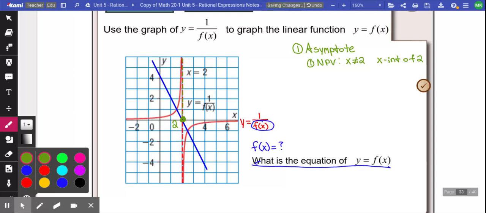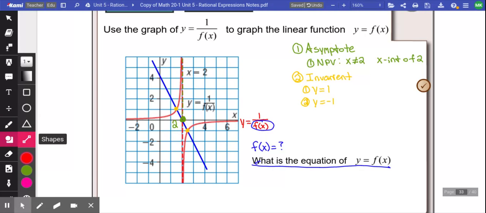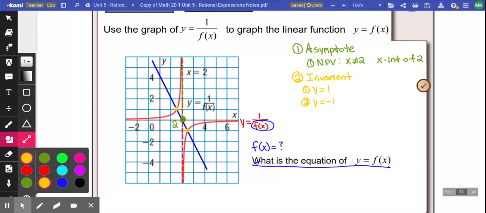The next thing I'm going to do is I'm going to label my invariant points. My invariant points are when y equals 1 and y equals -1. And by getting those invariant points, which would be right here and right here, I would then be able to create a straight line.